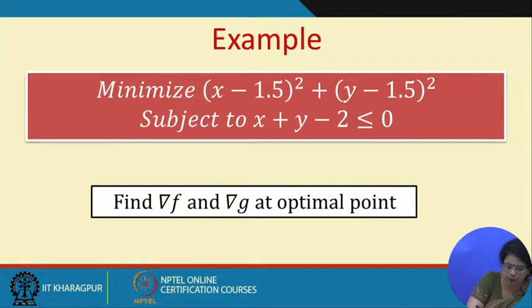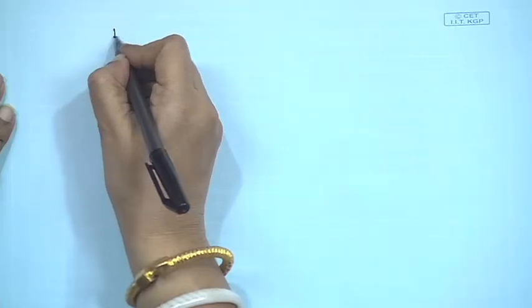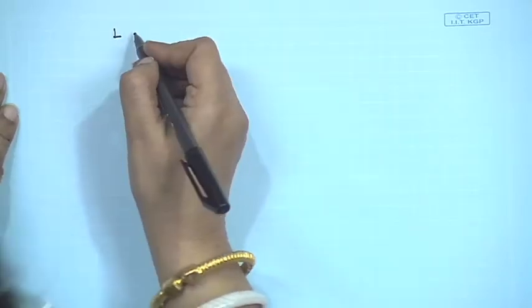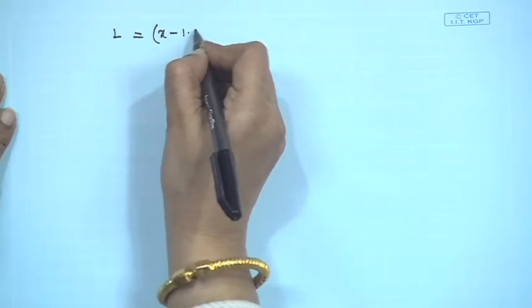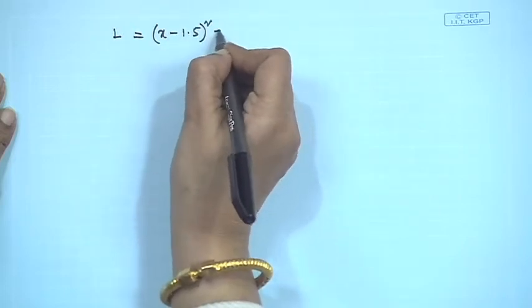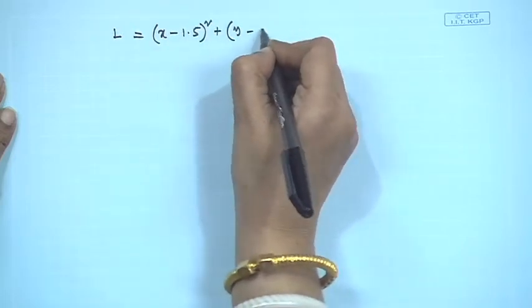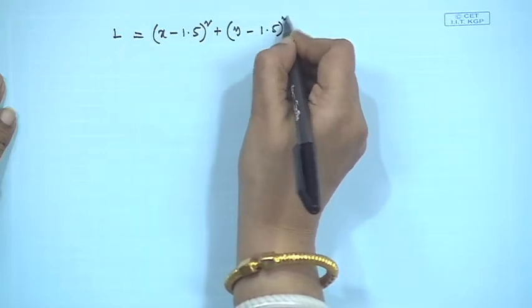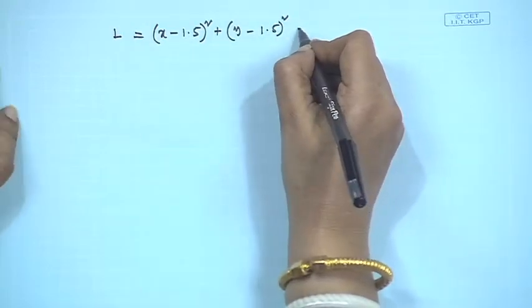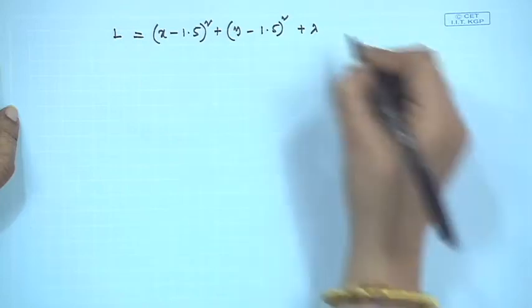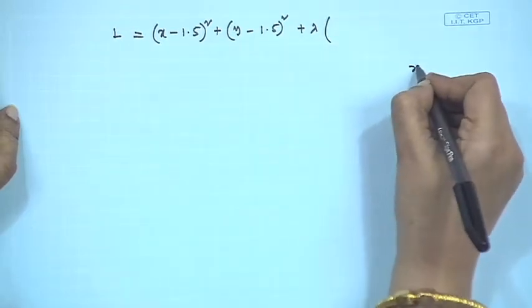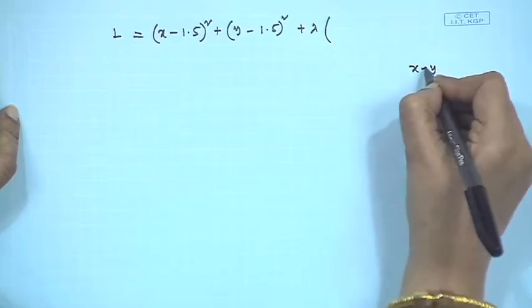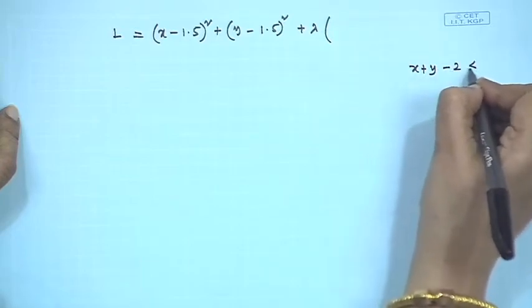Now, if we formulate the Lagrange function for this problem, then L is equal to (x minus 0.5) square plus (y minus 1.5) square plus lambda into the constraint x plus y minus 2 less than or equal to 0.